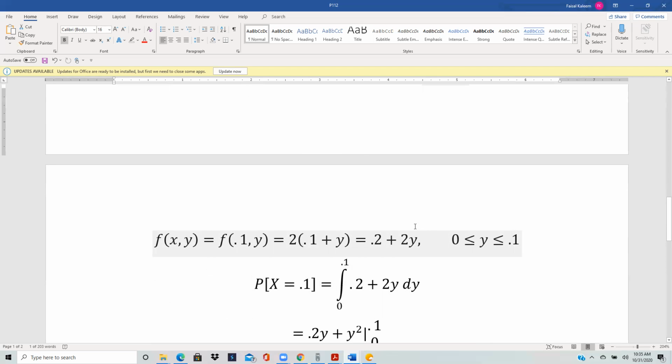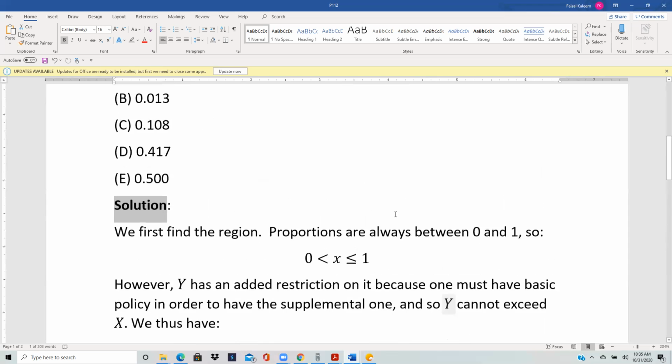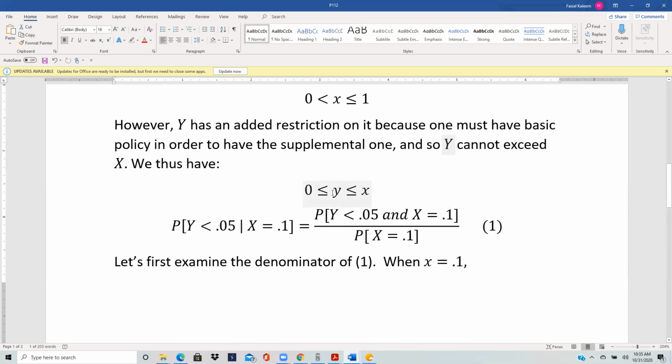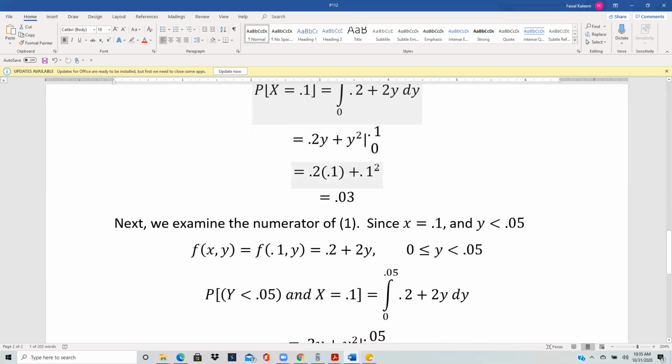Remember, on Y we have this restriction: bigger than or equal to 0 and less than or equal to X. But X is 0.1, so Y will be bigger than or equal to 0 and less than or equal to 0.1. So 0 to 0.1, the integral of the PDF, and that eventually gives us 0.03.